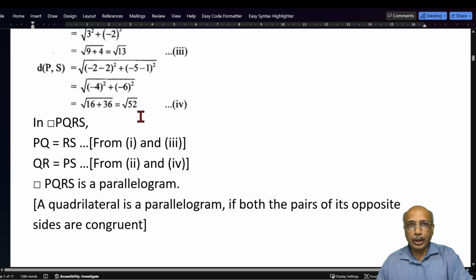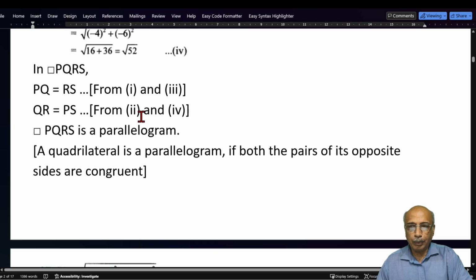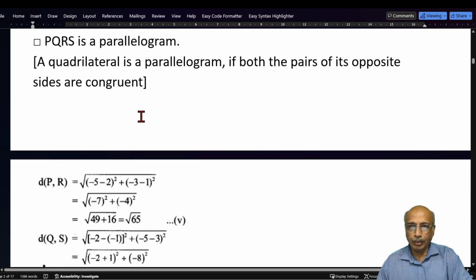In quadrilateral PQRS, PQ equals RS from 1 and 3, QR equals PS from 2 and 4. Therefore, quadrilateral PQRS is a parallelogram. A quadrilateral is a parallelogram if both pairs of its opposite sides are congruent.